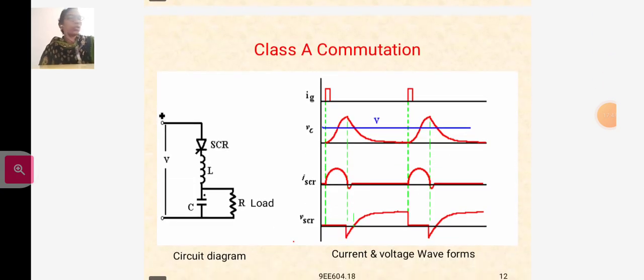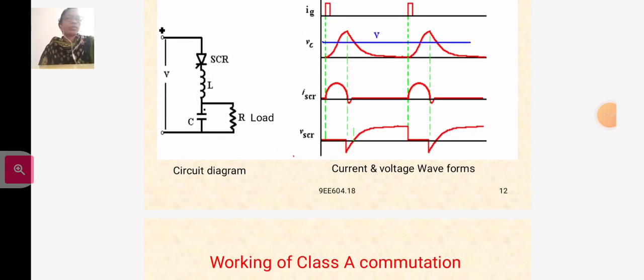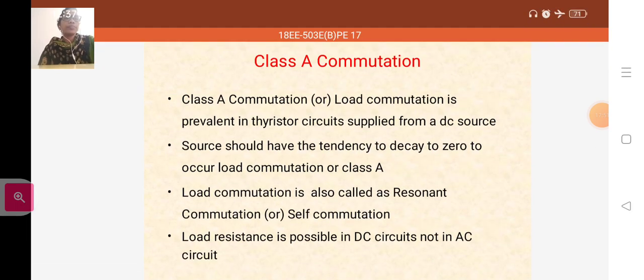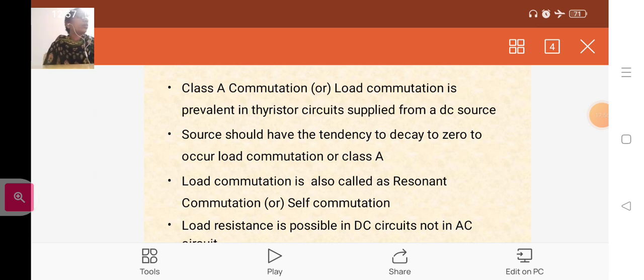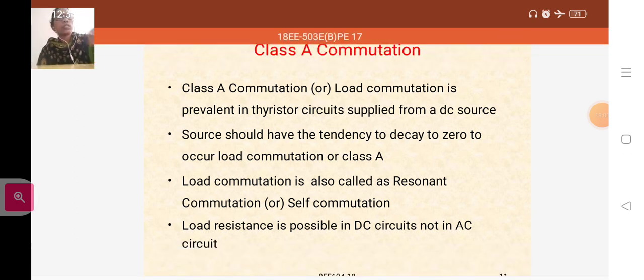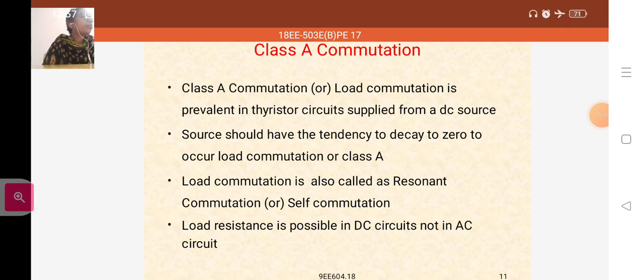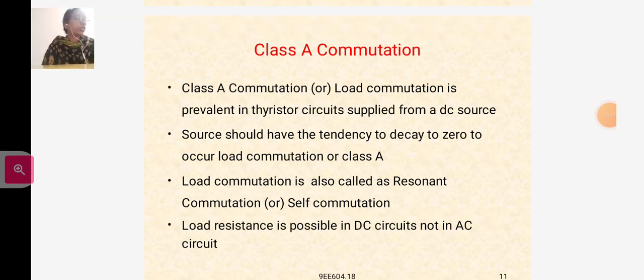So this is the figure of the commutation, and this method is also known as resonant commutation or self commutation. Class A commutation, load commutation, resonant commutation and self commutation are all the same.